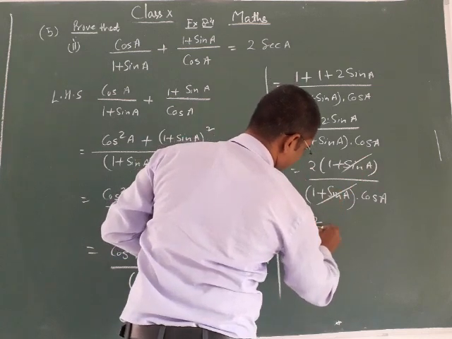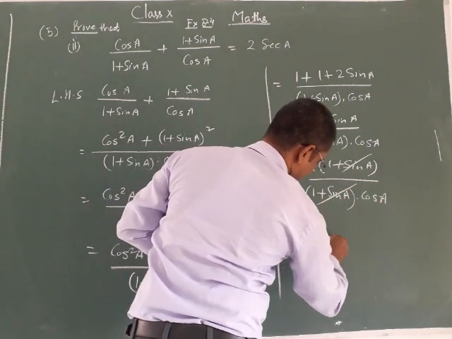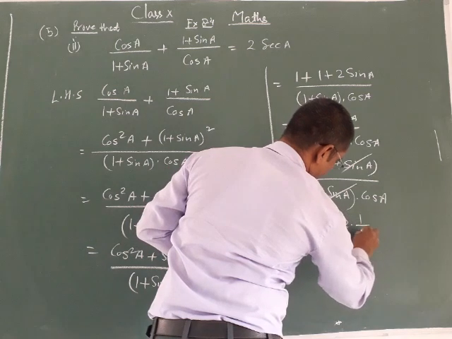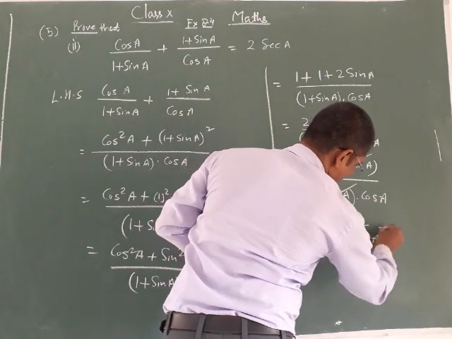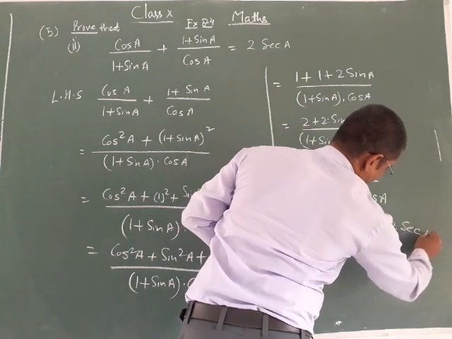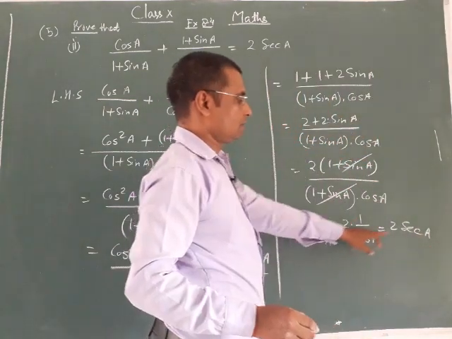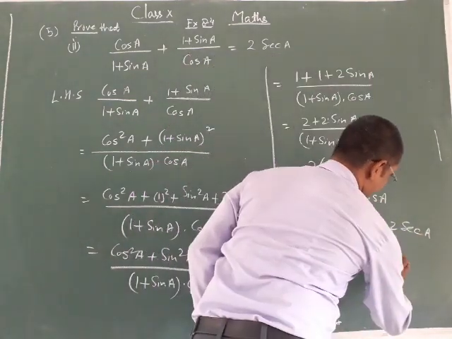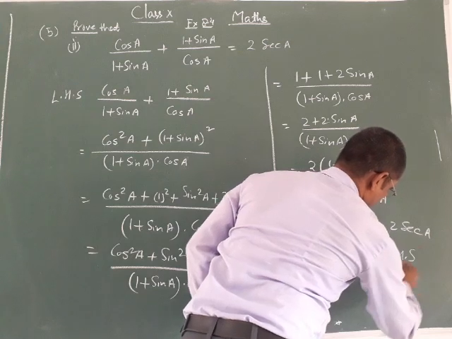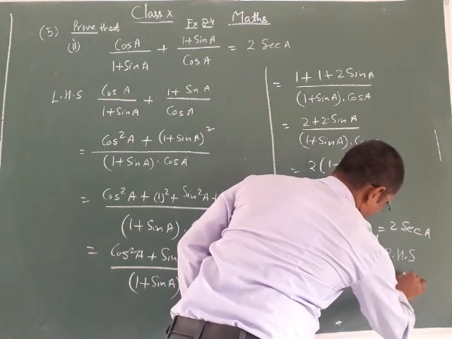So, 2 upon cos A, and 1 upon cos A is sec A. So, 2 sec A. This is RHS. Proved.